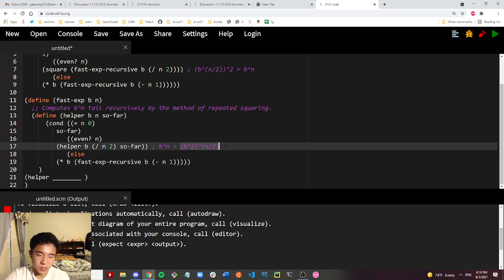Because the way exponentials work is that we multiply the 2 with the n divided by 2, and that's equivalent to b to the 2 times n divided by 2, which is equal to b to the n.